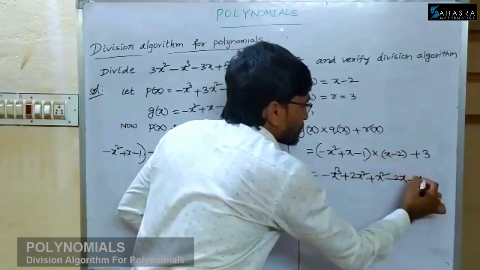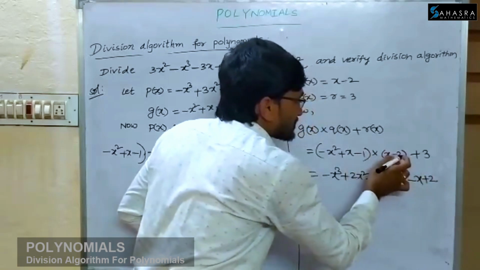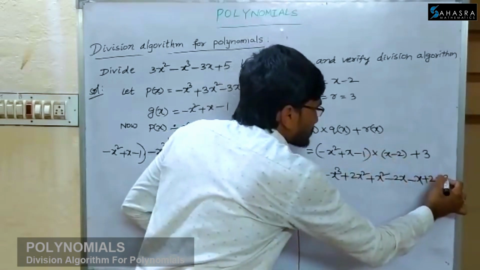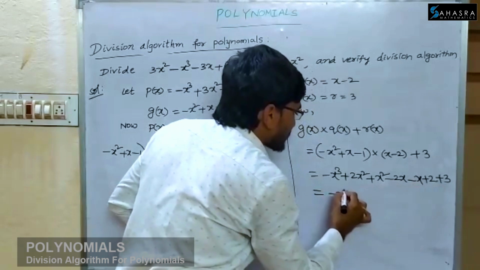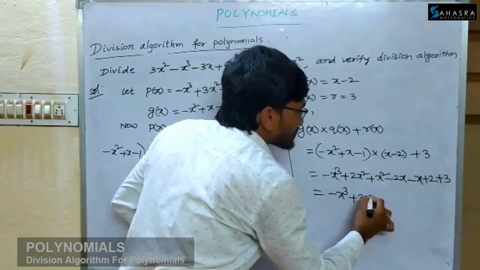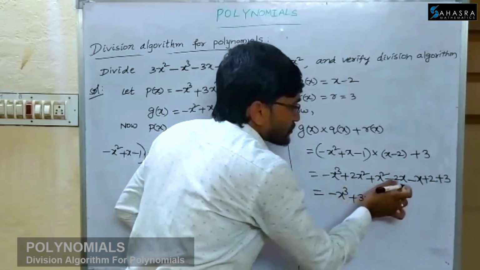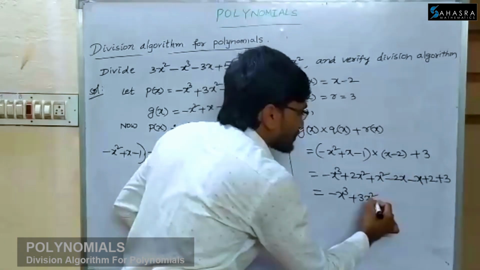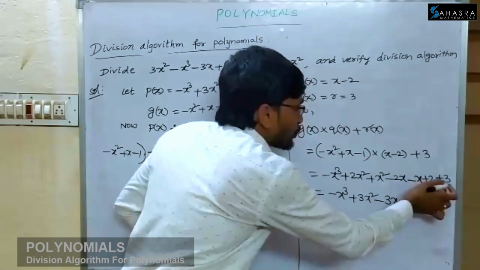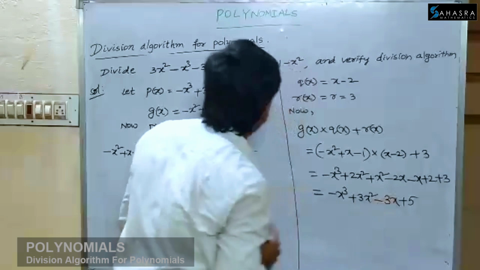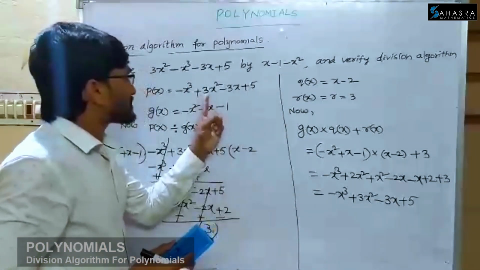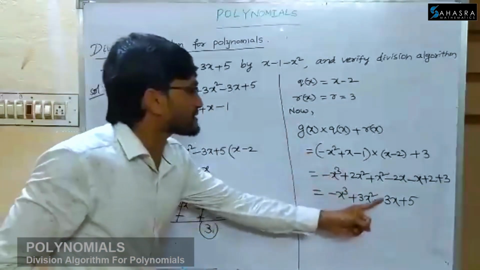Minus into minus plus 2. Minus into minus plus 1 into 2, plus 3. That is equal to minus x cube plus 3x square, 2x square plus x square, 3x square. Minus 2x minus x, minus 3x. 2 plus 3, 5. So see, minus x cube plus 3x square minus 3x plus 5.